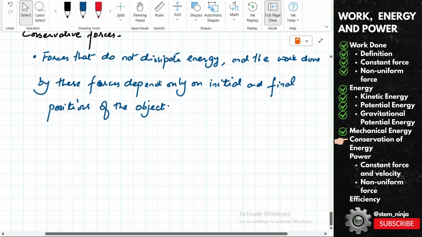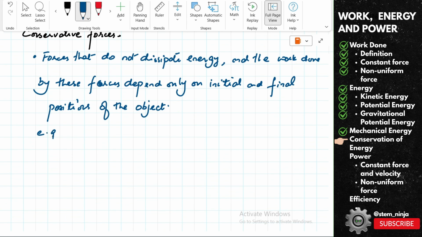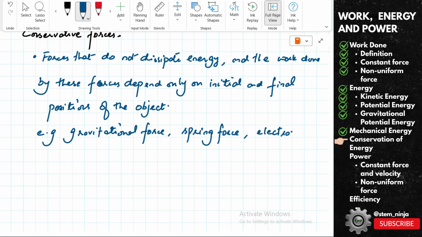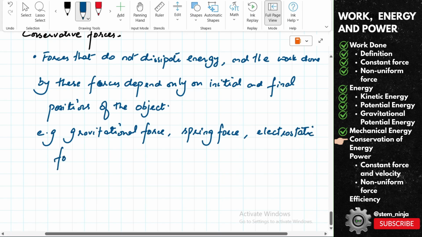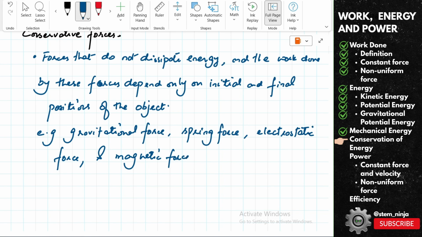For example, we have gravitational force, we have spring force, the restorative force in that. Then we have electrostatic and magnetic force also.